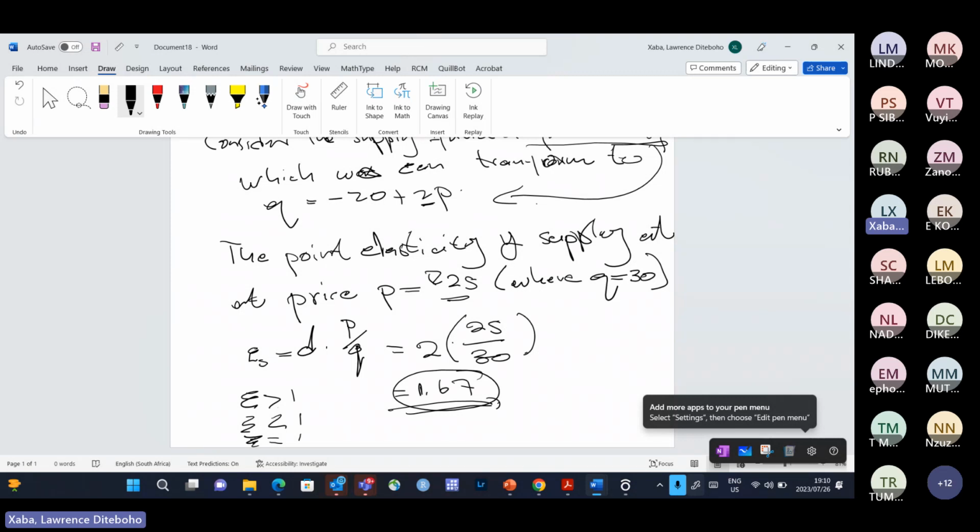If we substitute 1.67 for elasticity of supply, you can see that the value is greater than 1. So we conclude that this is elastic. That is the case when we are calculating price elasticity of supply.